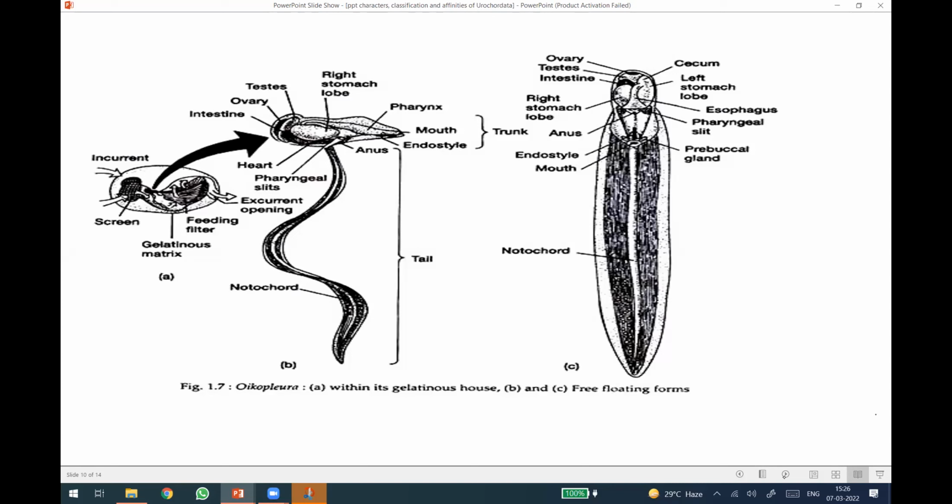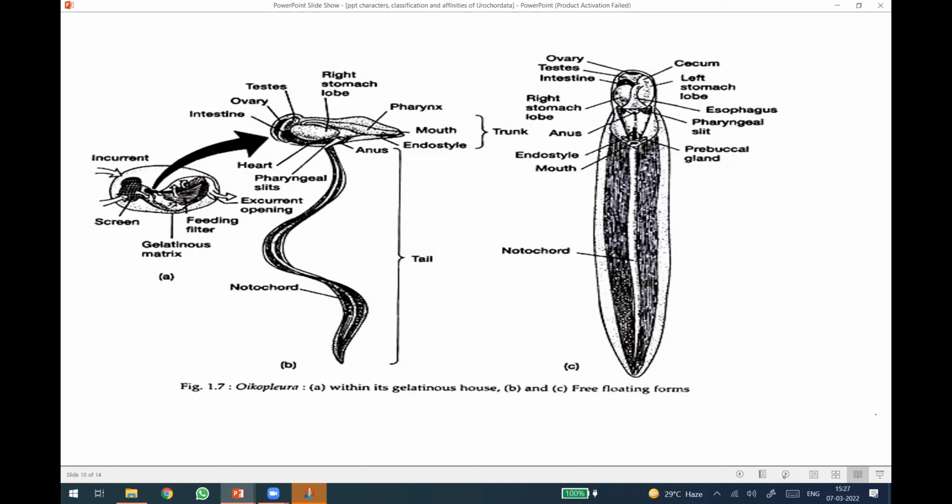The general resemblance of adult Larvaceans to Ascidian tadpoles suggests that Larvaceans may be neotenous forms. They produce a remarkable feeding apparatus that consists of three components: screens, filters, and an expanded gelatinous matrix. This is a remarkable gelatinous feeding apparatus.